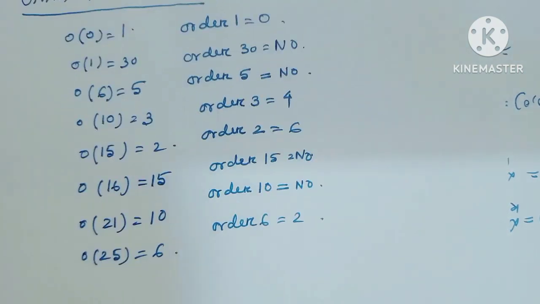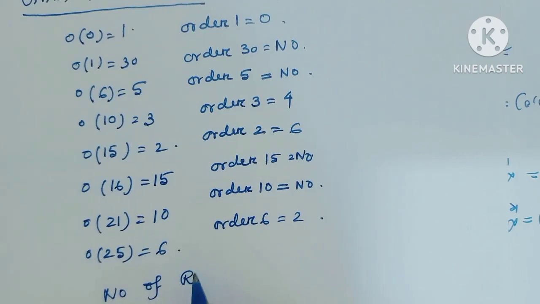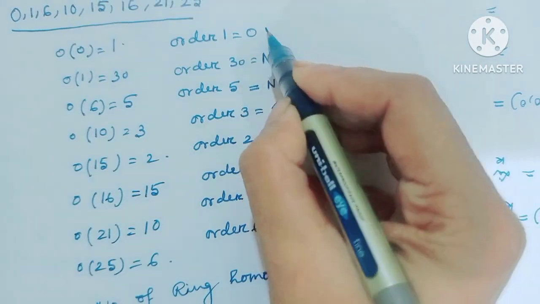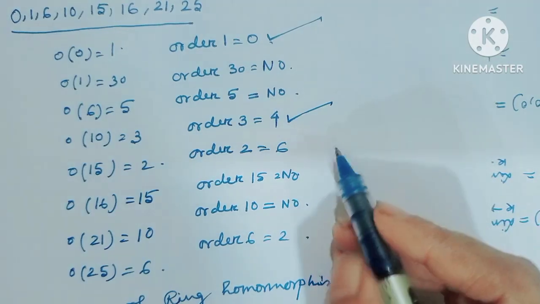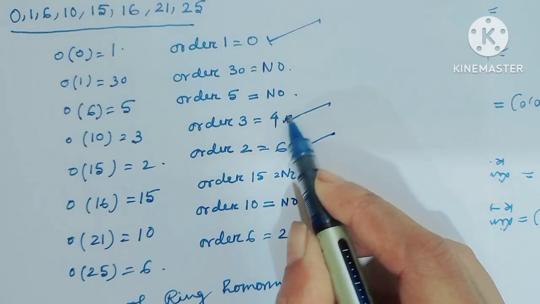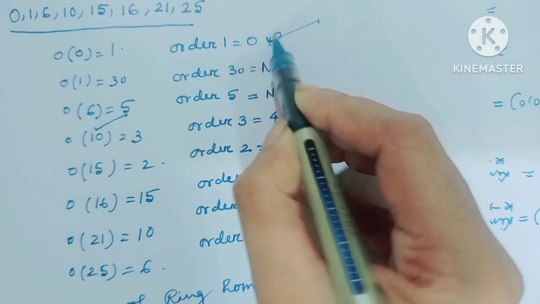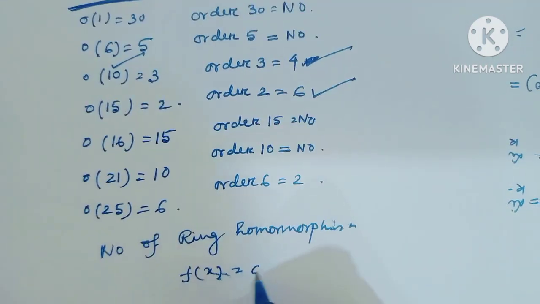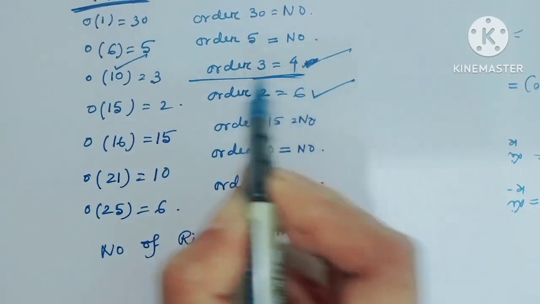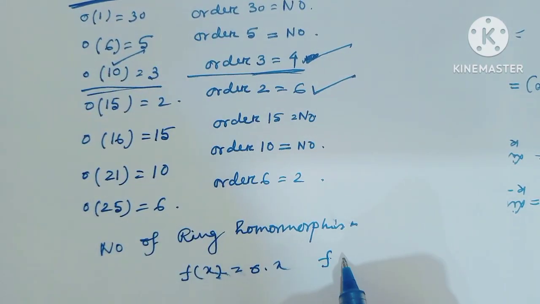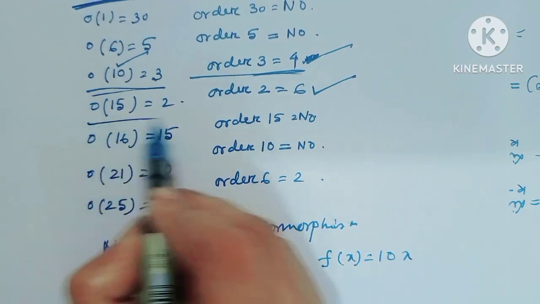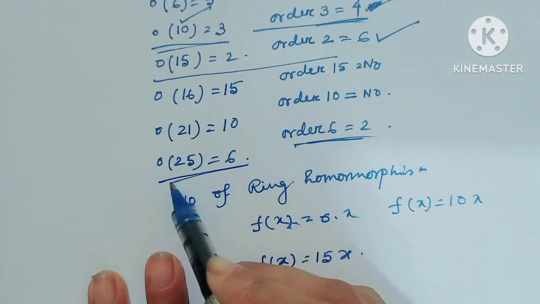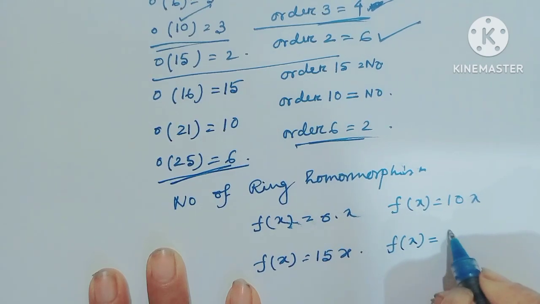So the ring homomorphisms are: f of x equal to 0x, which means trivial; f of x equal to 10x; f of x equal to 15x; and f of x equal to 25x.